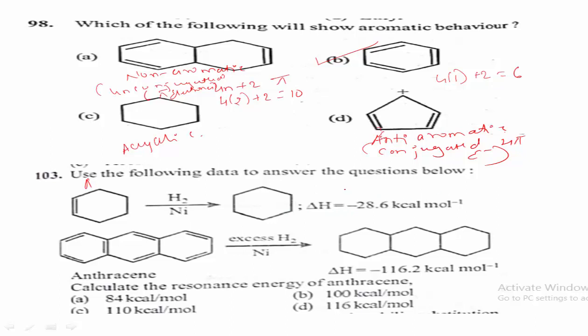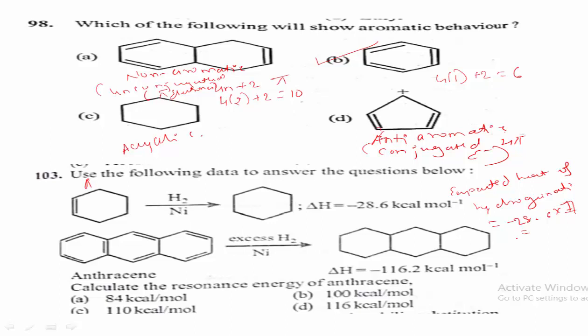Okay, this is the theoretical value, you remember this one. Expected heat of hydrogenation is equal to minus 28.6 into 7, because it contains 7 pi bonds.